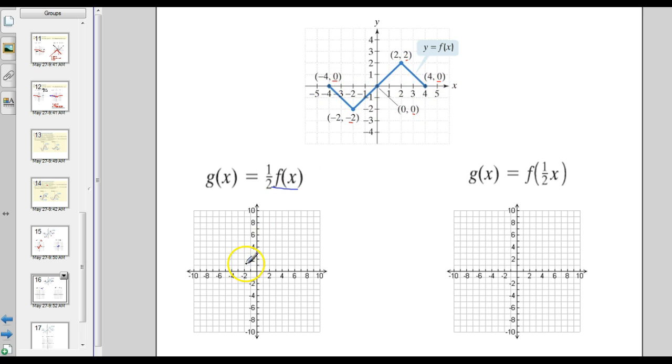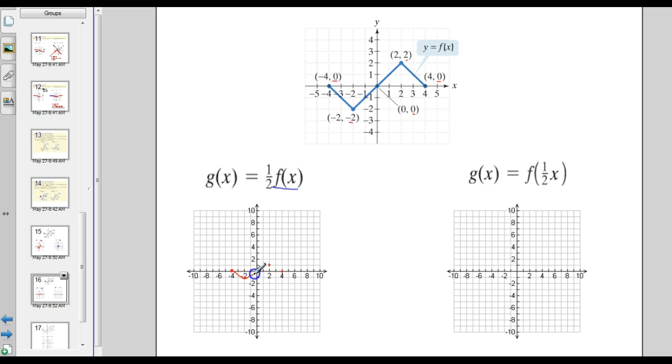So 0 doesn't change, so that's negative 4, 0. Negative 2 will now be negative 2, negative 1. 0, 0 won't change. 2, 2 is going to be 2, 1. Alright, and 4, 0 is still going to be 4, 0.